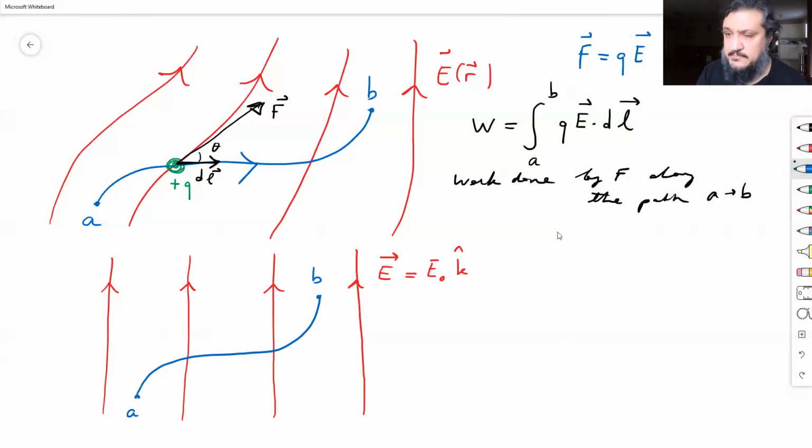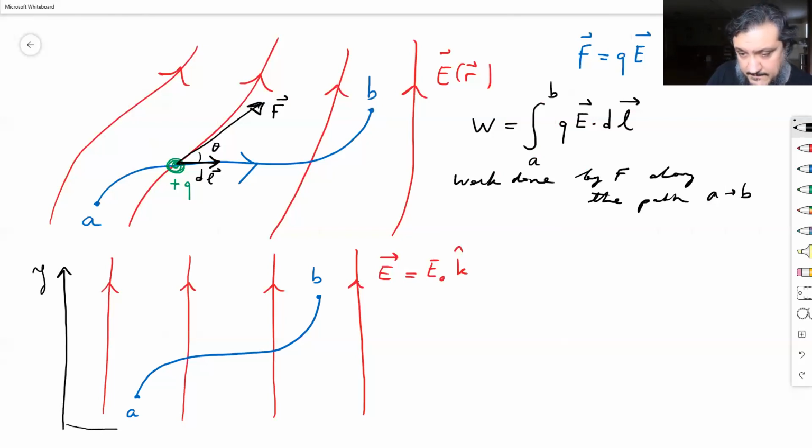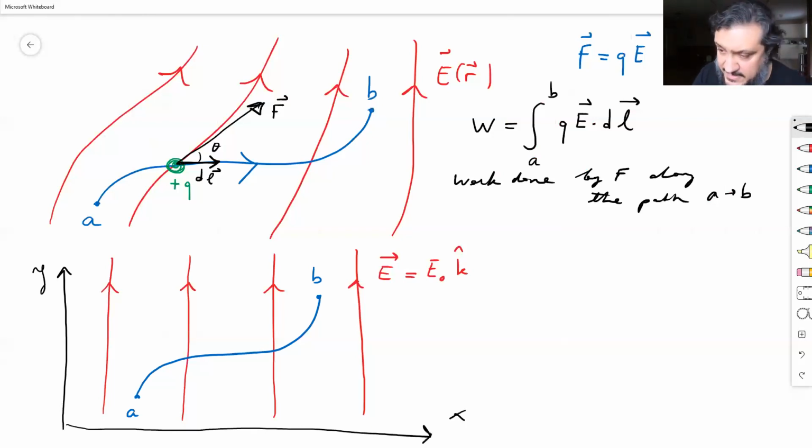All right, so the coordinates, oh, well, I could do it in 3D or 2D. I don't lose anything if I just do it in 2D because I'm using the board, it's a 2D environment, but it can easily be generalized to 3D as well. So this is my Y coordinate, and this will be my X. Okay, but the electric field doesn't have any X component, or I'm sorry, I think I already called this k hat, so this must be Z. I apologize.